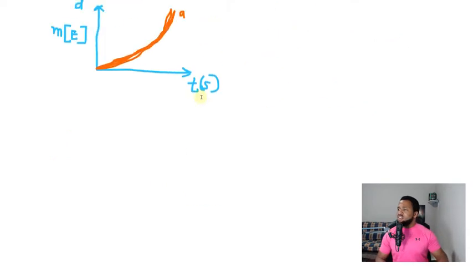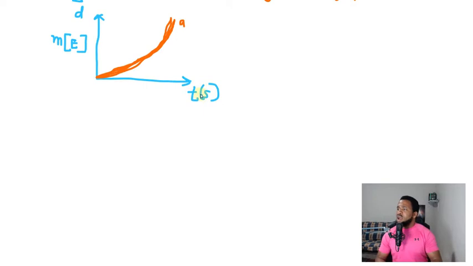Another case scenario is when we have a different object that is curving down in this manner, and this is going to be represented as curve B. Take note that we're now looking at negative values of position with respect to time.